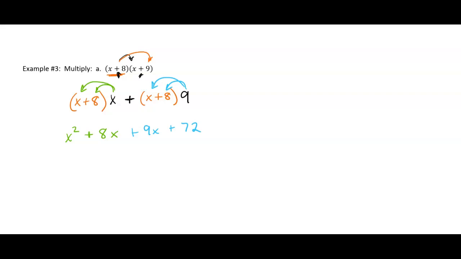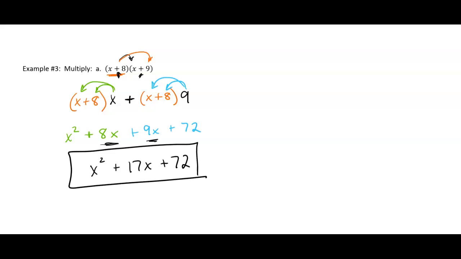When you look at those terms, do you see that two of them are like terms? The 8x and the 9x. And so you can combine those. This happens a lot of times, not always, but a lot of times when we're multiplying a binomial times a binomial. So my answer is going to be x squared plus 17x plus 72. So I get a trinomial in this case, and that's the answer.